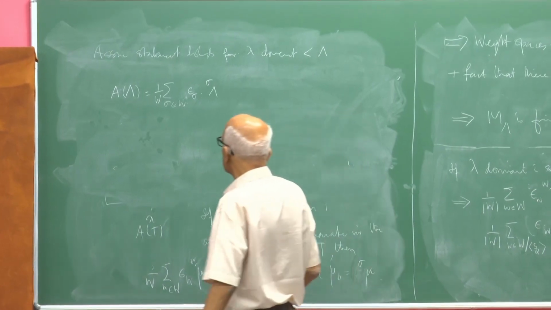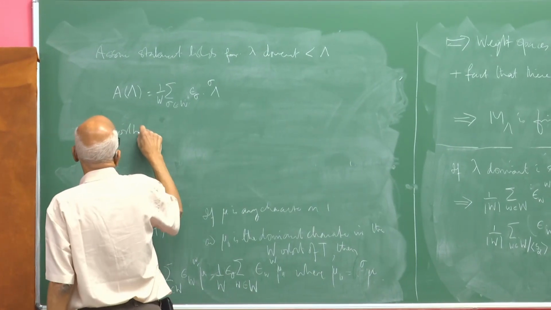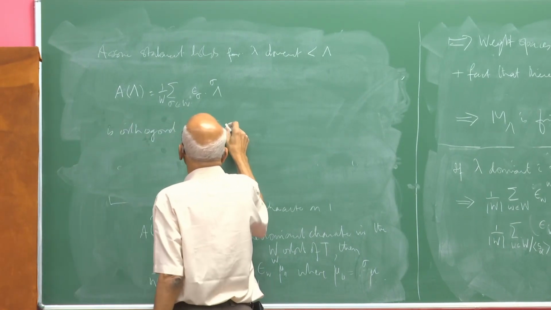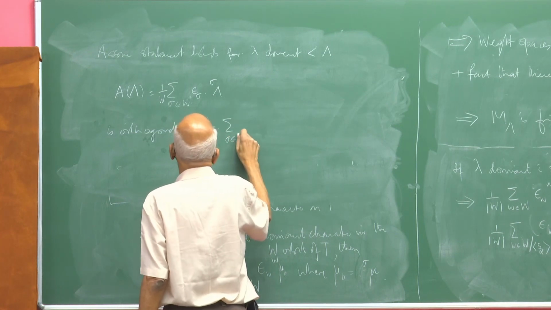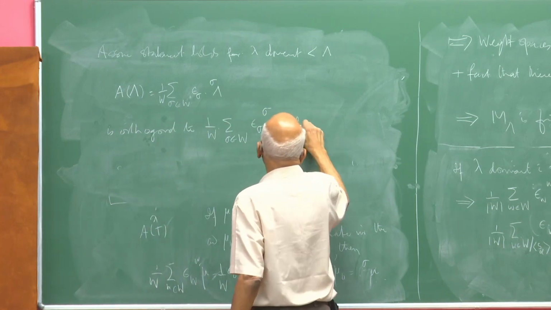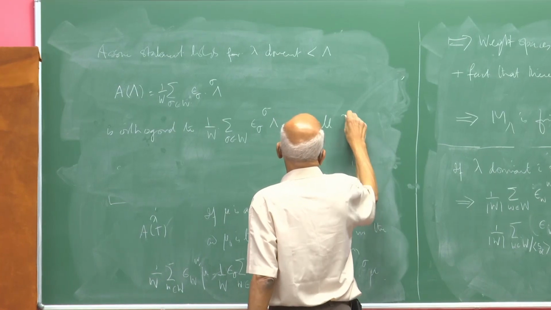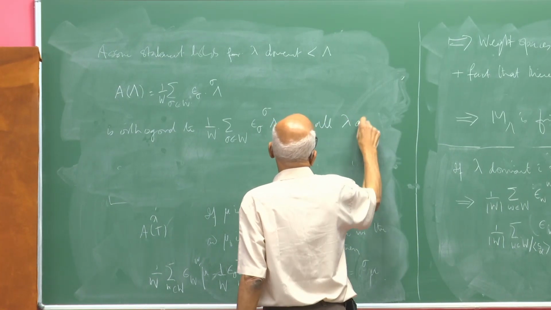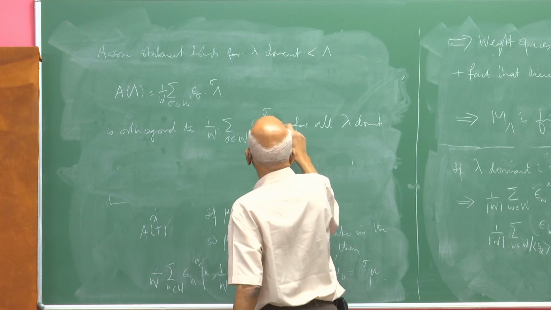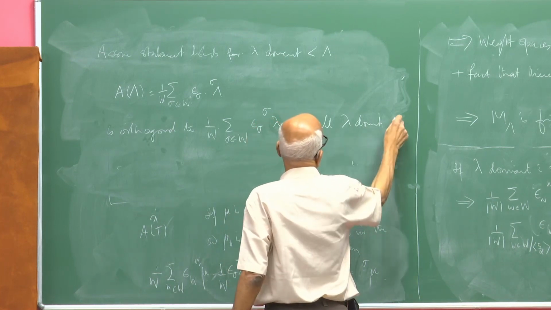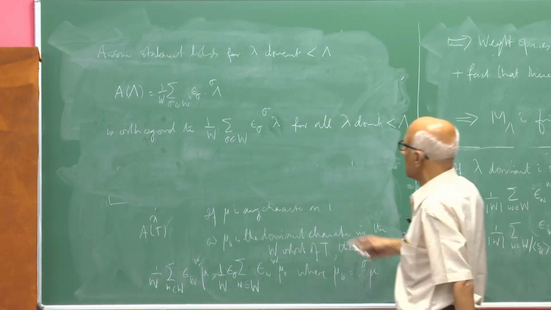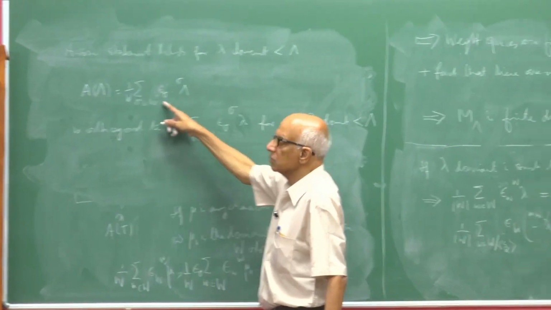Firstly, I want to note that this is orthogonal to 1 over W, the sum over sigma in W of epsilon(sigma) sigma mu, for all mu dominant and less than lambda. This is because each of these characters is orthogonal to each of these characters.